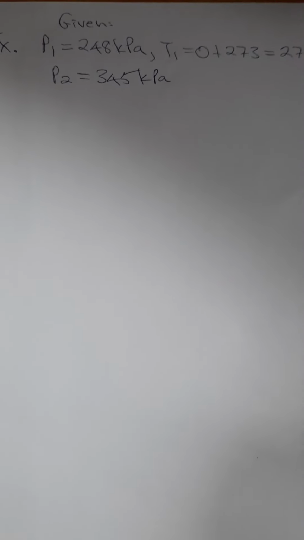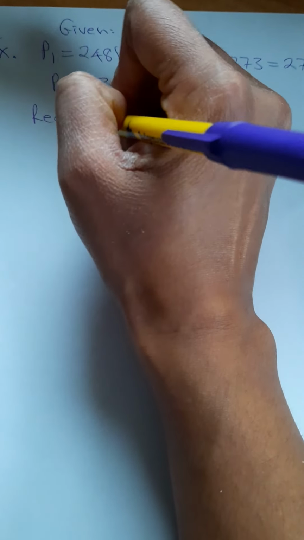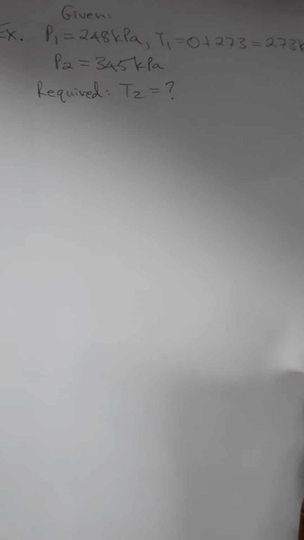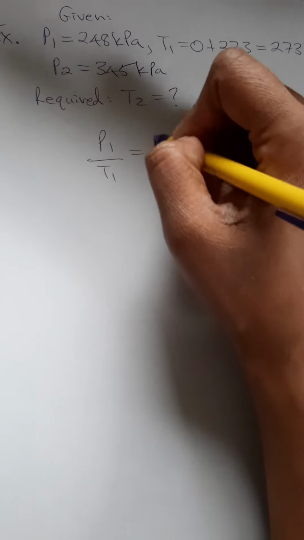So again, this is what's given to me in the question. You can see there's a pressure change, and what I'm looking for is how the temperature changes. This is the final temperature we're looking for. So don't get confused, we're just going to use the same formula here: P1 over T1 equals P2 over T2.